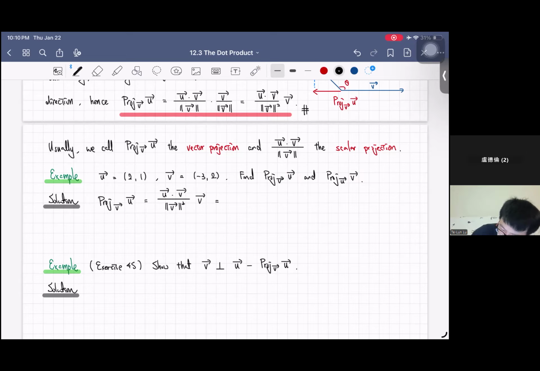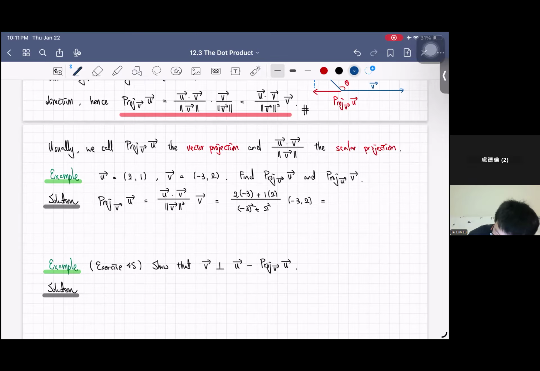So what is u dot v? You get 2 times minus 3 plus 1 times 2. What is v squared? It is minus 3 squared plus 2 squared, and v is (minus 3, 2).